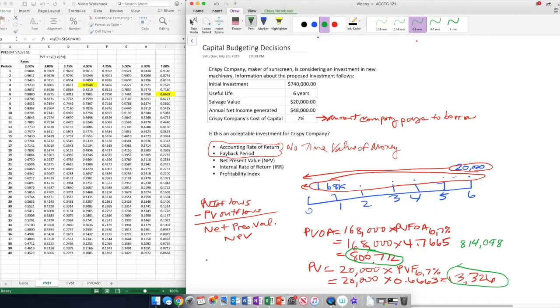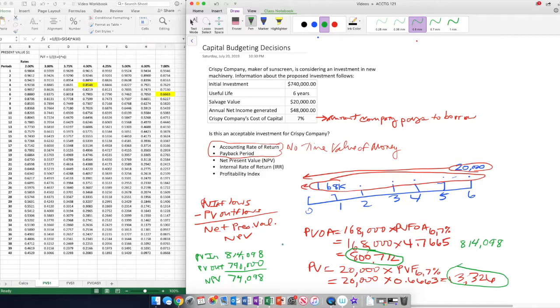So our present value of the inflows is 814,098. The present value of the outflows is 740,000. And so the net present value is the difference. And we get a net present value of $74,098.